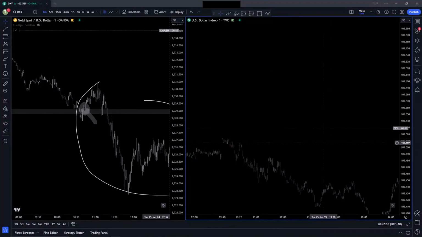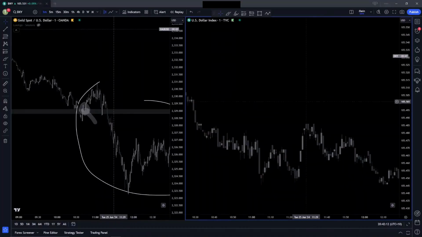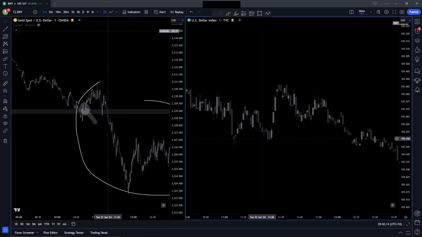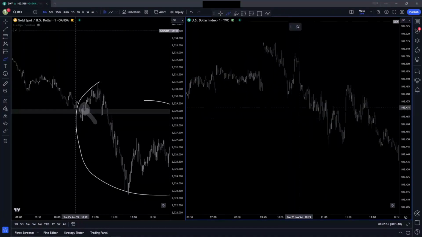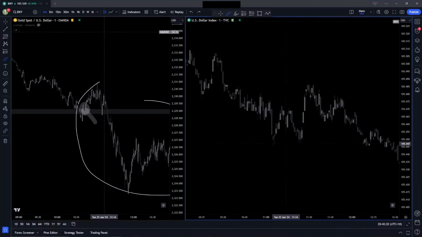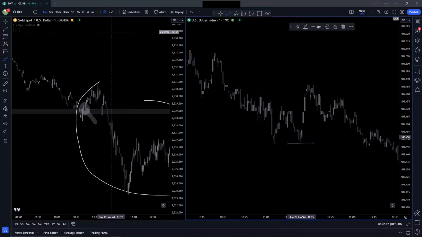If you have a respect of this, even though this whole structure is looking bearish, you still have it maybe respecting a low here, and then you have a break of a high here.